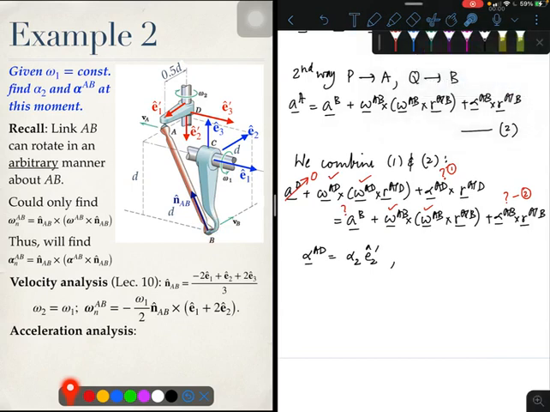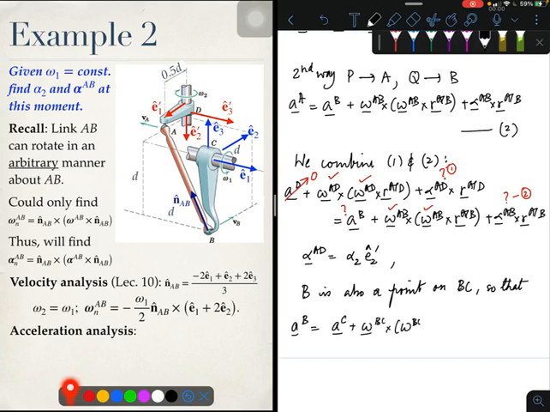So we can write that B is also a point on BC, so that AB is equal to AC plus omega BC cross omega BC cross RB with respect to C, plus alpha BC cross RB with respect to C. In this equation, AC is clearly 0, because C is on the shaft.